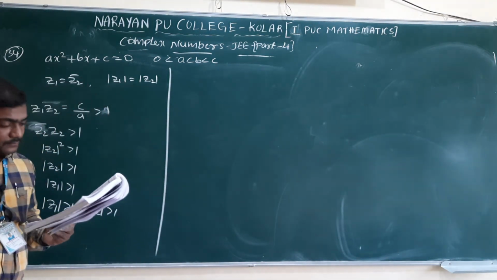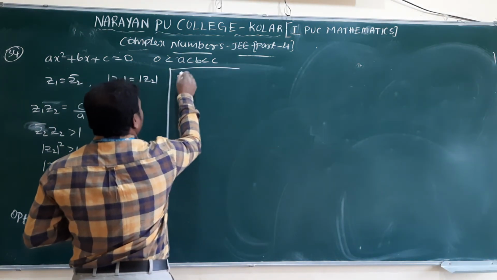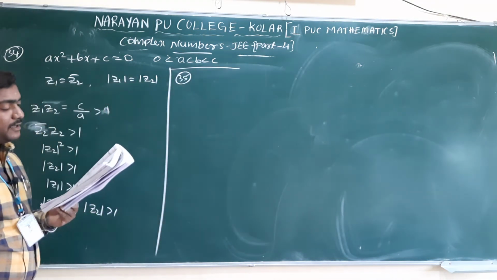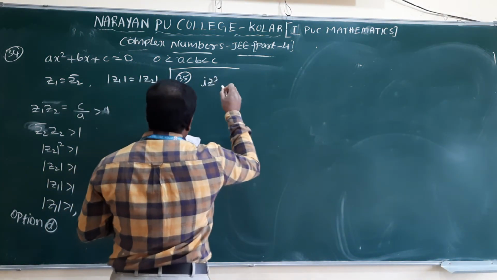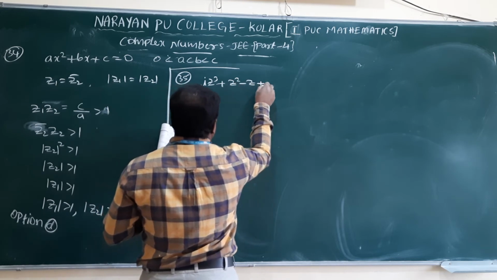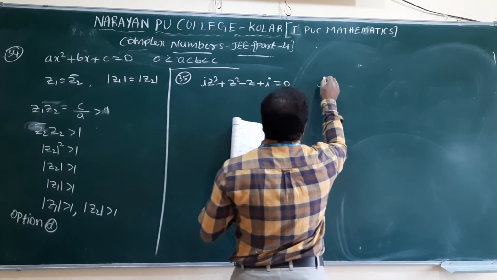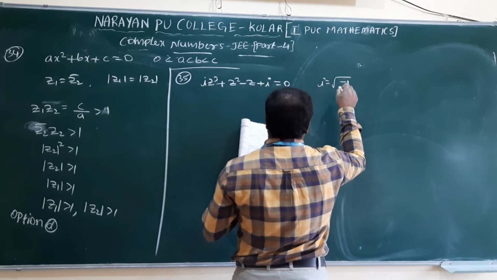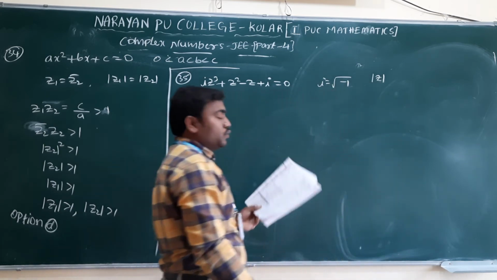Again, question number 35. If iz cube plus z square minus z plus i is equal to 0, where i is equal to square root of minus 1, then modulus of z is equal to?